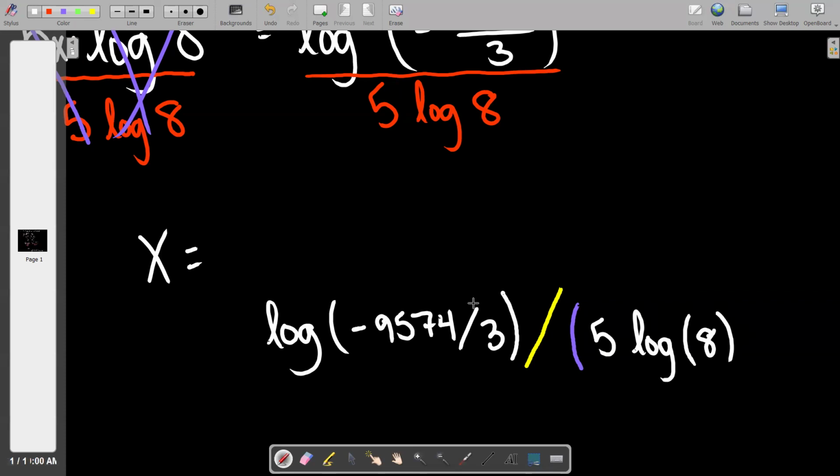And then I'm also missing a purple parenthesis because I need to tell the calculator that it's done denominatoring. That's not a word, but it totally should be. So we're going to type log of negative 9,574 divided by 3, close, divided by 5, log 8, close, close.